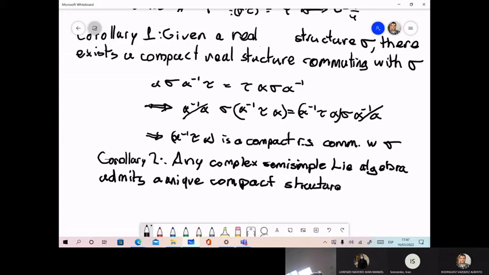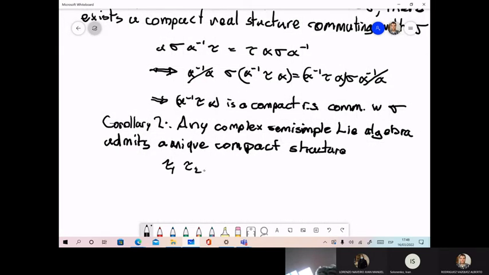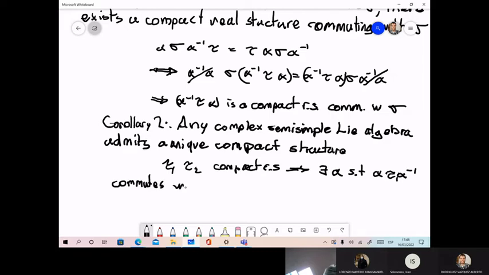This is because by the previous proposition, if tau 1 and tau 2 are compact real structures, then there exists an alpha such that alpha tau 1 alpha minus 1 commutes with tau 2.